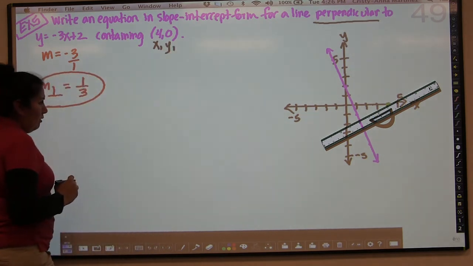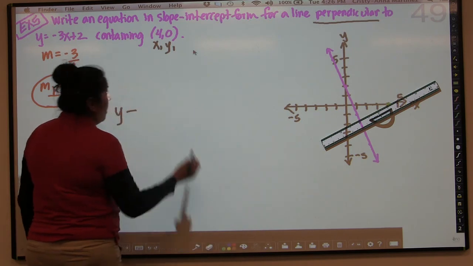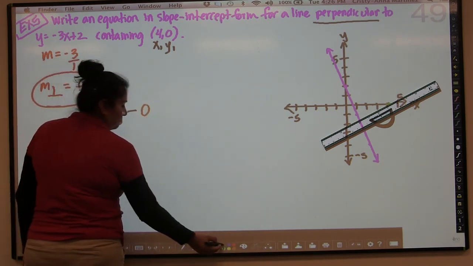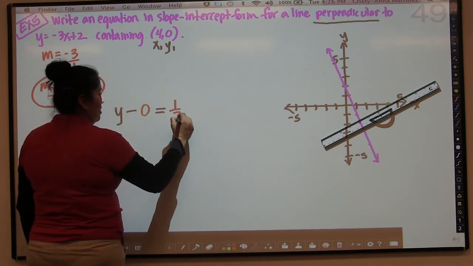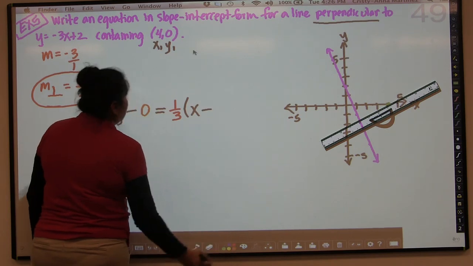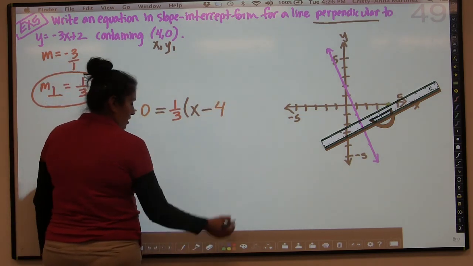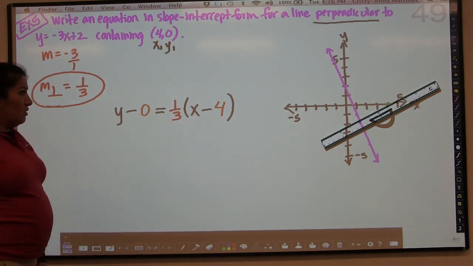So we can use our point slope formula, which says y minus y1, which is 0, is equal to our slope, which we know is 1/3, x minus, and x1 is 4. So this is basically what we're going to do. We're just going to simplify this equation and we'll be done.